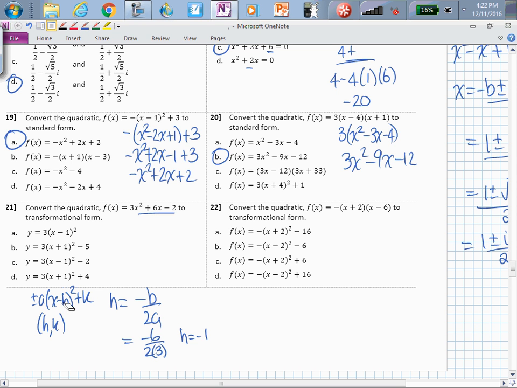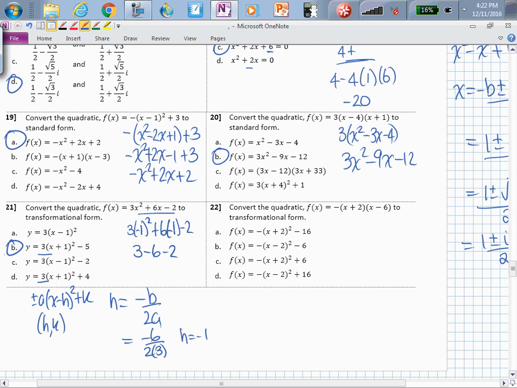So immediately, since it's x minus h, x minus negative 1 tells me it's either going to be b or d, because it becomes x plus 1. Put the negative 1 back in, that gives me 3 times negative 1 squared, plus 6 times negative 1 minus 2. So 3 minus 6 is negative 3, minus 2 is negative 5.